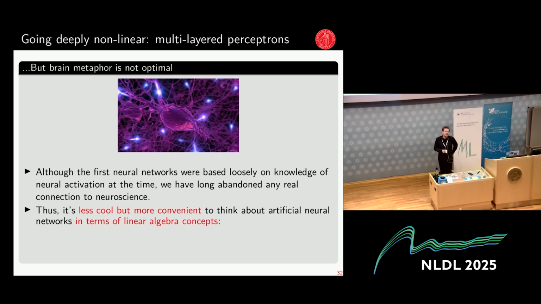And in fact, it's less cool but more convenient to talk about artificial neural networks in terms of linear algebra concepts, in terms of vectors, matrices, algebraic operations on these vectors and matrices, instead of talking about neurons, electric signals, etc. So although of course it sounds very cool when we're talking about models which function like the brain, I think it's much more useful to actually talk in mathematical terms.